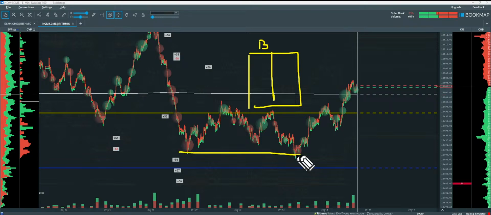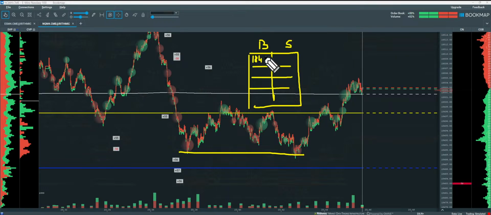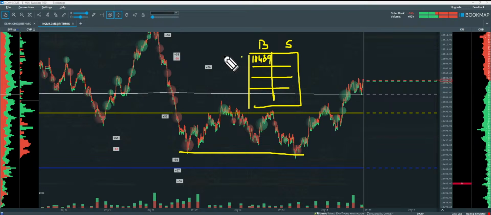Let's say this level is 18489, and there were about 100 contracts over here and 20 here. Now let's say a seller over here has 100 contracts. A seller came in with 300 contracts.